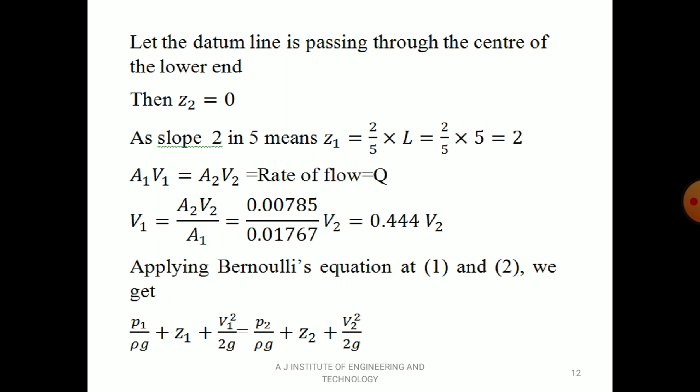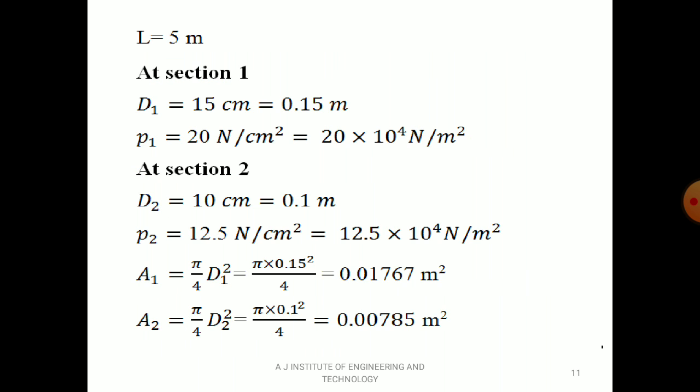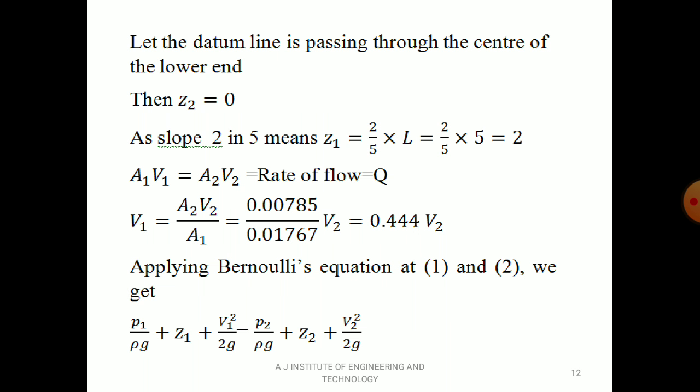P1 value is given as 20 into 10 to the power 4, and Z1 is 2. So P1 is 20 into 10 to the power 4 divided by 1000 into 9.81, plus Z1 is 2, plus V1 square, you keep V1 square as it is, divided by 2 into 9.81.